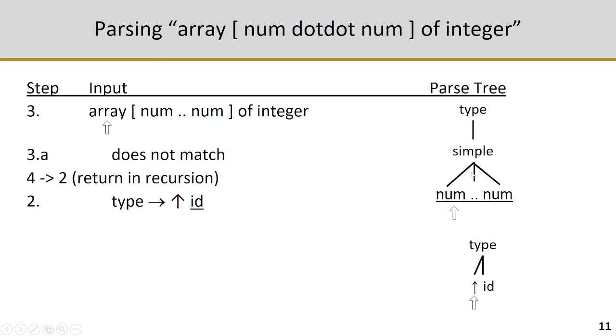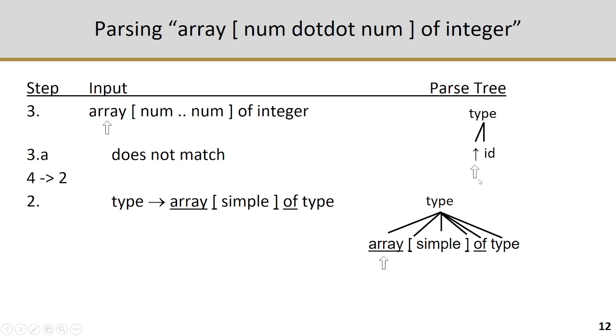So we eliminate the lower part of the tree, and we are going to check the forthcoming rule for the type. It starts with a pointer, and the pointer does not match the input token array. That's why we have to select another rule. The next rule for type is array, simple, of type.